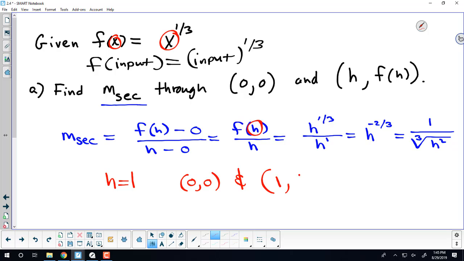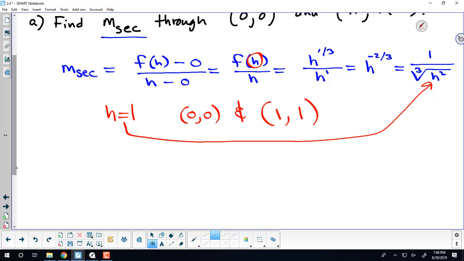1 to the 1/3 is 1. So if h is 1, it says, what's the slope of the secant line between those 2 points? Since h is 1, all I have to do is plug h equals 1 into that right there. It's very comparable to that homework question from 2.1 where it said, now find the average rate of change on the interval 1 to 1 plus h.